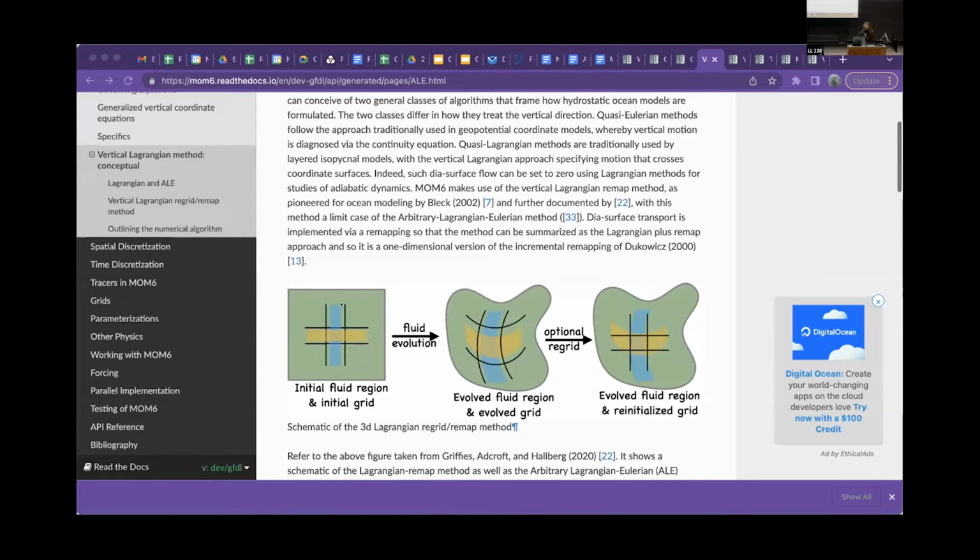So here's a schematic of that. You have a square region of fluid and you lay down some grid, call it an XY grid, and you allow that fluid patch to move. It's a small fluid patch, and it gets bent and contorted around, right? And so if the grid lines are sort of pasted onto that fluid region, they get contorted as well.